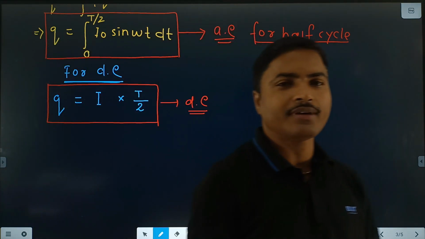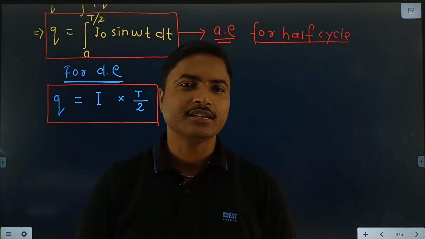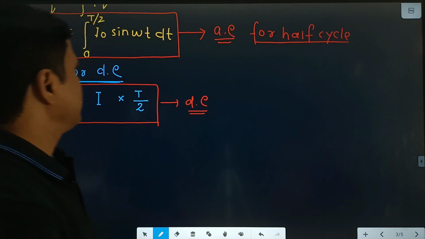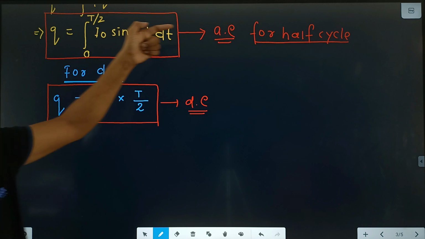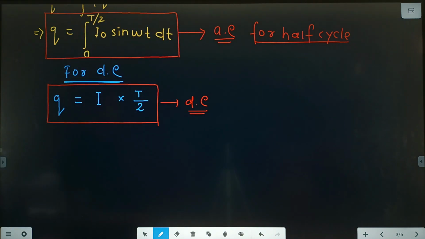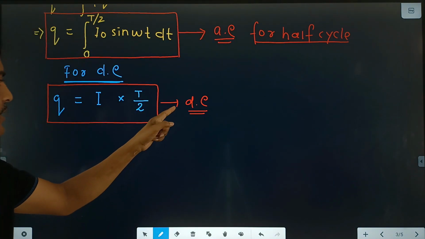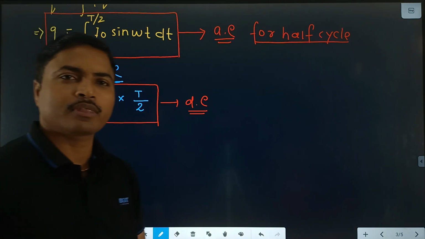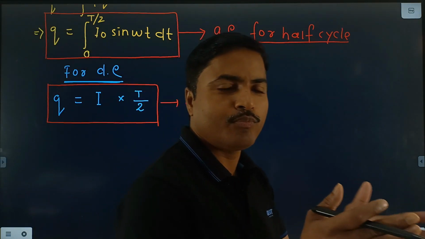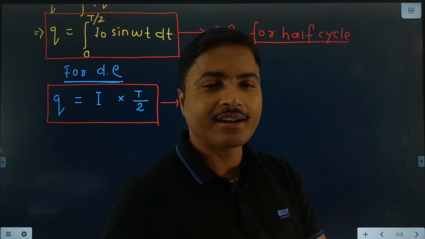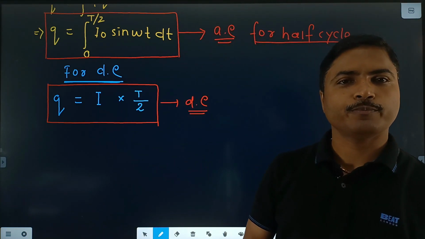Then what is the mean value of AC for half cycle? Here the time given to the alternating current is T by 2. Here also the time given for the direct current is T by 2. That means the time given to both alternating current and direct current is the same, T by 2.